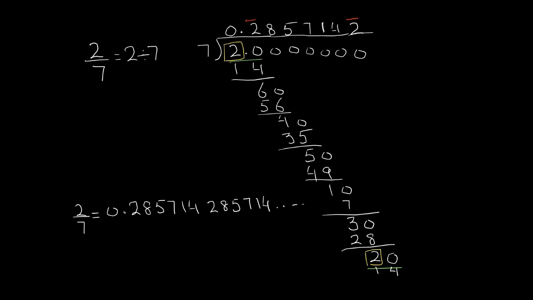So you can see that this 285714 is going to repeat itself. So what you do is you write this as 0.285714, and you put dots on 2 and on 4. What that means is that this pattern starting from 2 and ending at 4 will repeat itself.